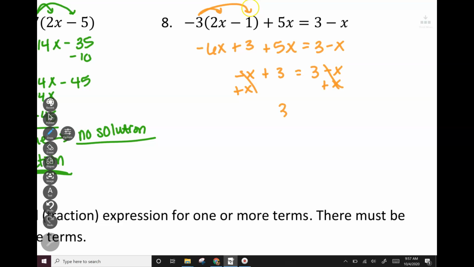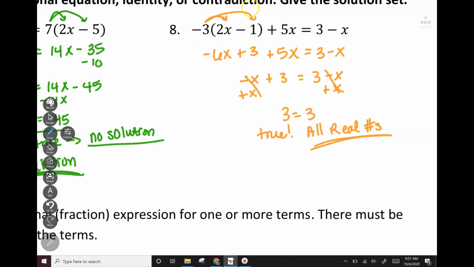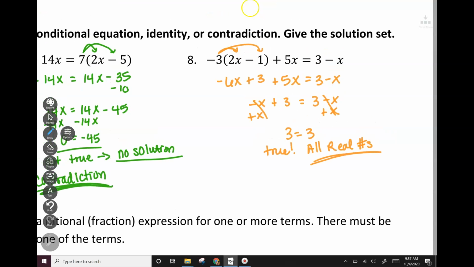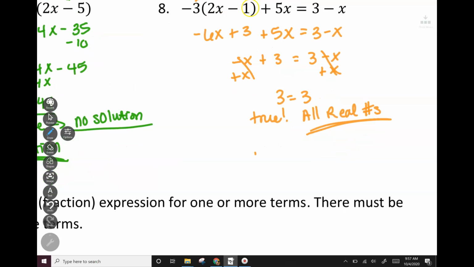Both of my x's cancel and I'm left with 3 equals 3. Well, that is a true statement. So that's one where you'll have all real numbers for your solution. But we're asked what type of equation this is, so this would be your identity.